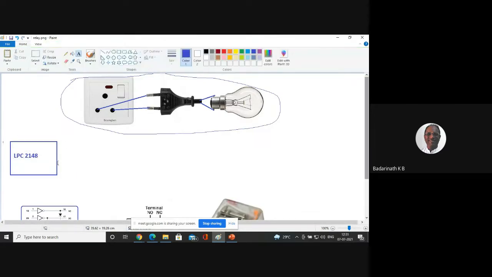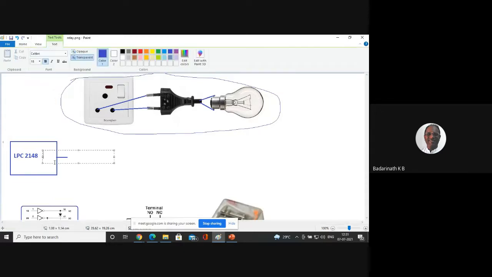A lot of ports are available, and I'm going to use one port, P0.0, the first pin. This is the pin I want to interface.